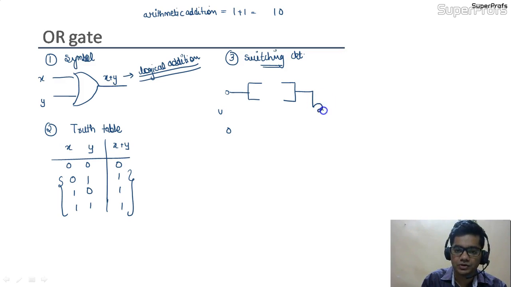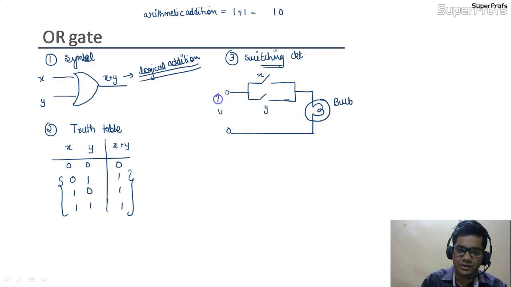Okay, so what should be the connection, students? It would be connected in parallel. So this is our bulb, and this is the parallel connection of the switches. This is X, this is Y.